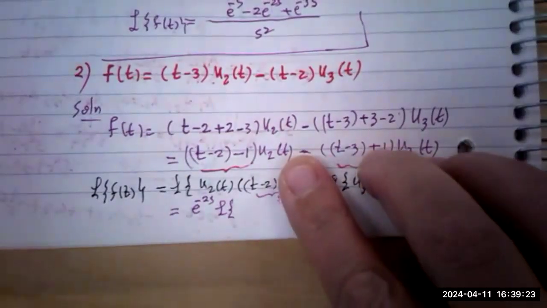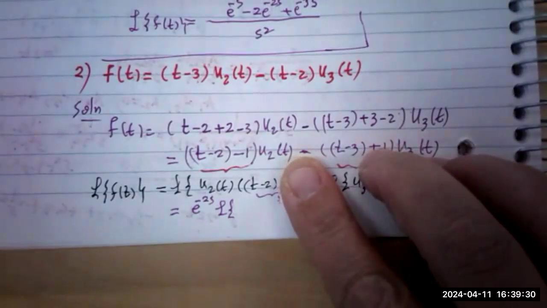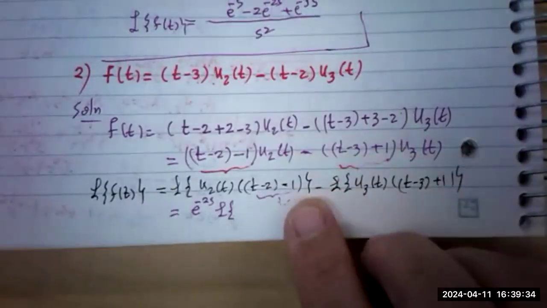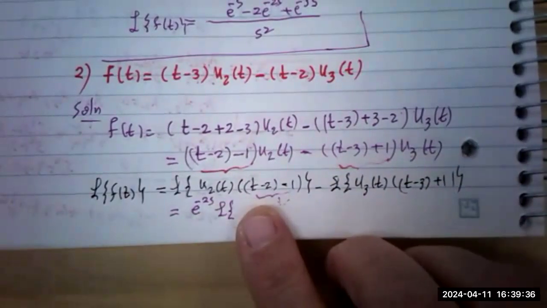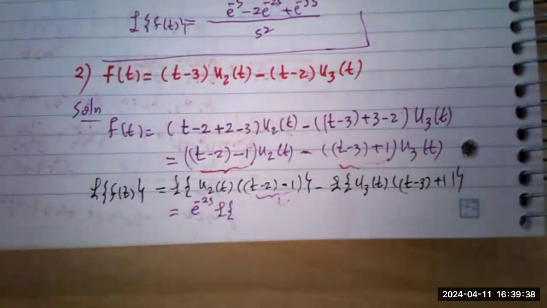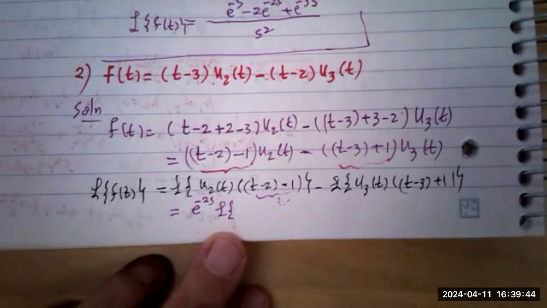If you don't like this one, if you multiply them together, this first one is exactly like the one that we did. It's going to be e^(−2s) Laplace of t. Then minus what? Minus u2(t). I do both methods, so you can try it and check to see which one you like.